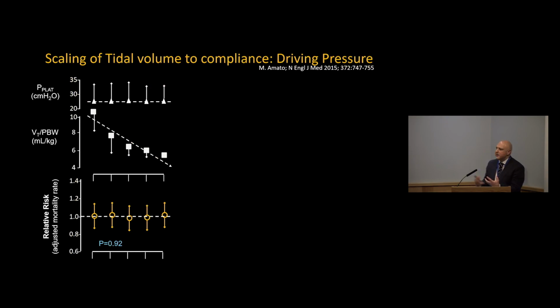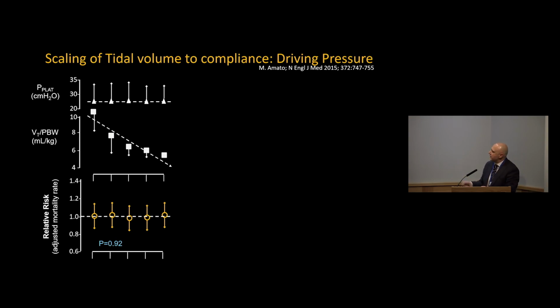So if you analyze patients who received low tidal volume ventilation versus high tidal volume ventilation, you can see here that as you maintain the plateau pressure the same, and you reduce the tidal volume per predicted body weight, so the classical 6 mils per kilo, or 8 or 10 or whatever, the relative risk of mortality doesn't really change.